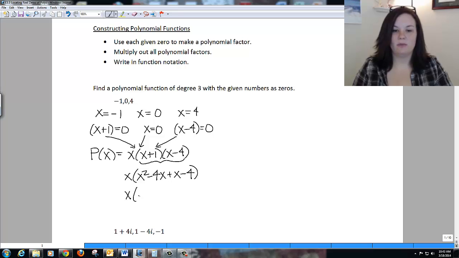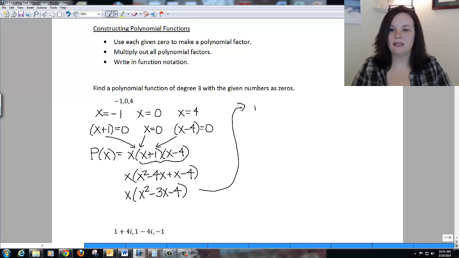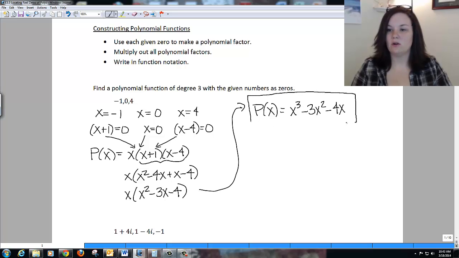So I'm going to combine like terms, so I have x squared minus 3x minus 4, and then I'm going to distribute that x, and I'm going to move up here because I ran out of room. So p of x is equal to, when I distribute x times x squared, I get x cubed, x times -3x is -3x squared, and x times -4 is -4x. So this is the polynomial that gave us those zeros.